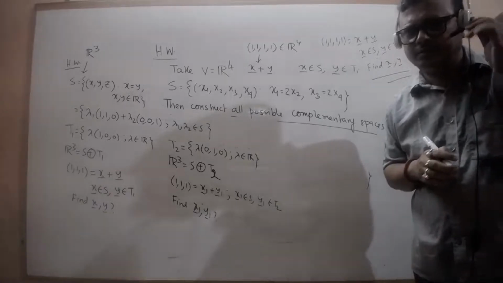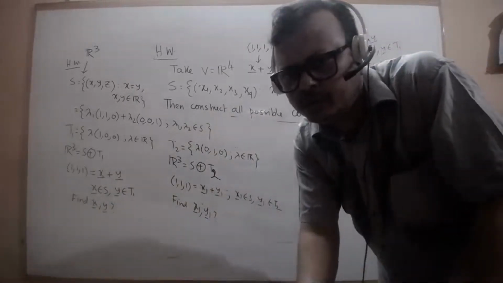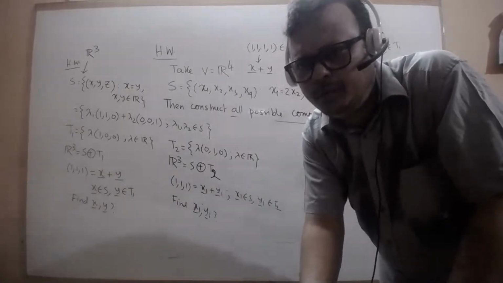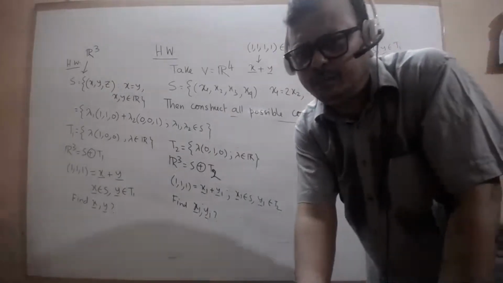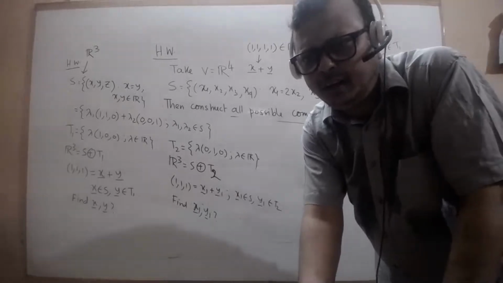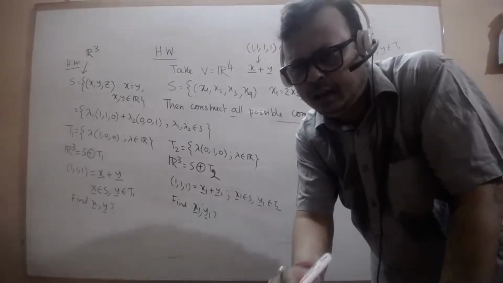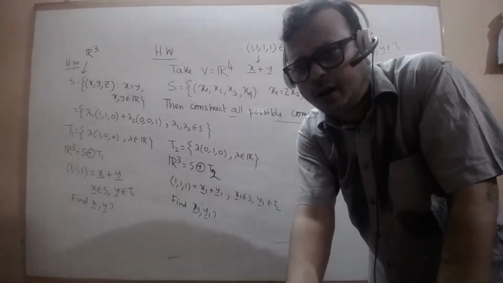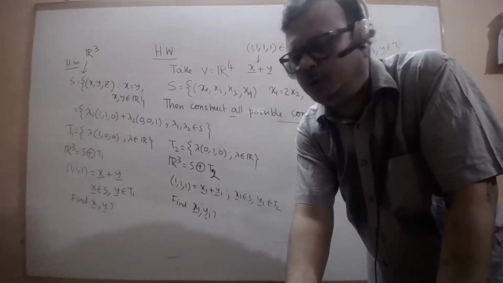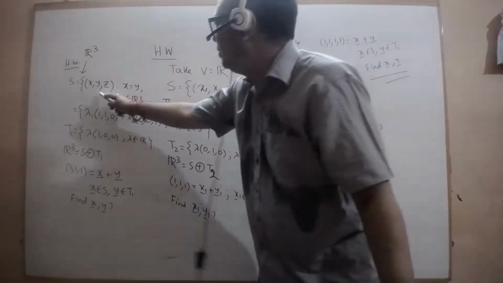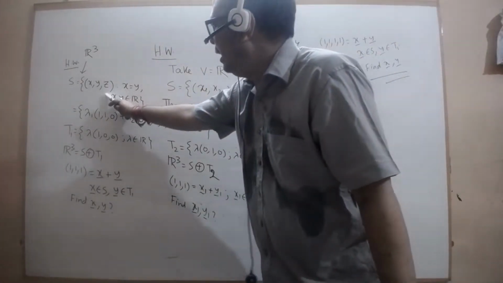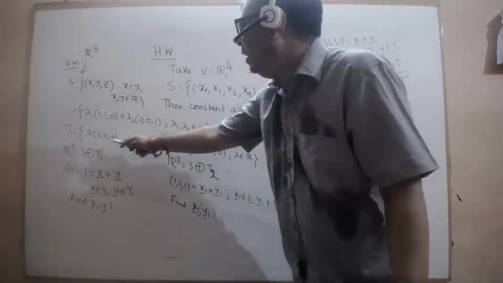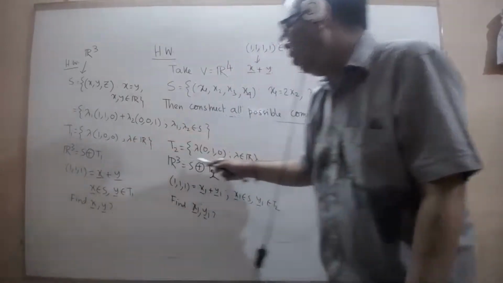Please tell me. No, complementaries should not be the same. Shubhrojit, you say, sir, if we divide the basis in two parts, then the complementary should be the same. No. You see that in the case of R², your complementary is this or this.